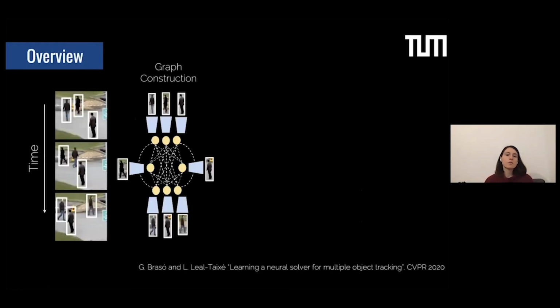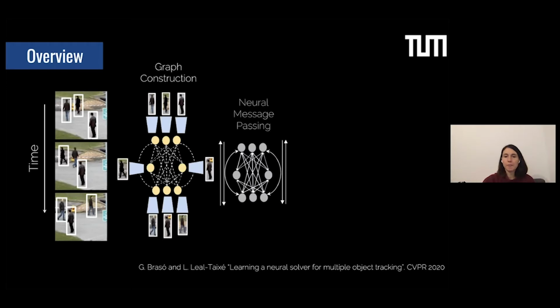So how this neural solver works is, first of all, we're going to have a step of graph construction. And this graph construction is going to put all kinds of information in the nodes and edges of our graph. In the nodes, we're going to have the representation of our bounding boxes. Therefore, we're going to have these tiny CNNs that are going to encode each bounding box into a feature representation. And for the edges, I will explain later on what kind of information we're going to have in there. Then we're going to have several steps of what we call neural message passing, which is the way to optimize these graph neural networks.